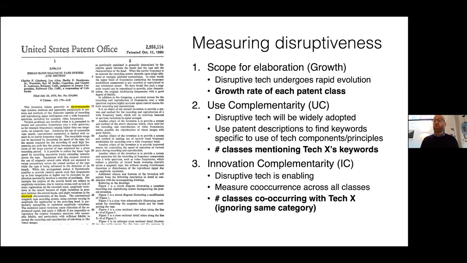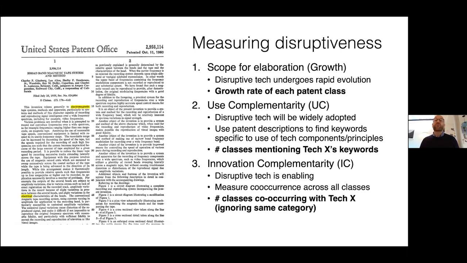From that work, we boil down 3 particular characteristics and measure them in order to classify patent classes on the basis of their potential disruptiveness. The first is that disruptive technologies should evolve rapidly. They should have a wide scope for elaboration.